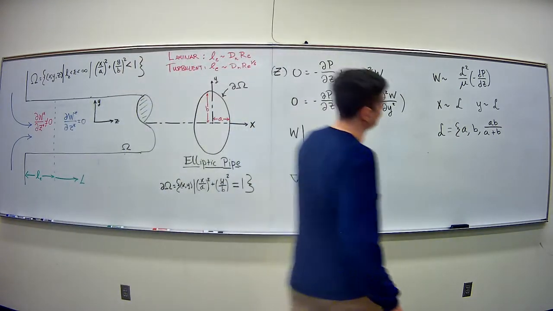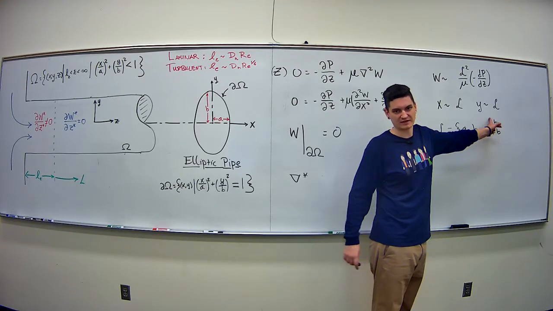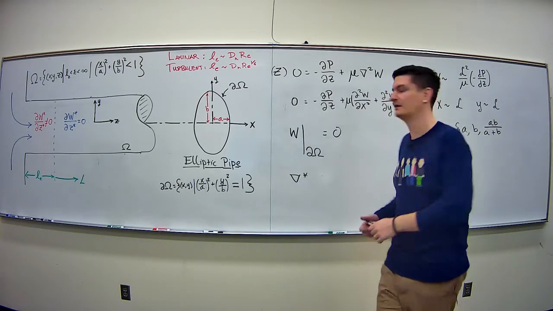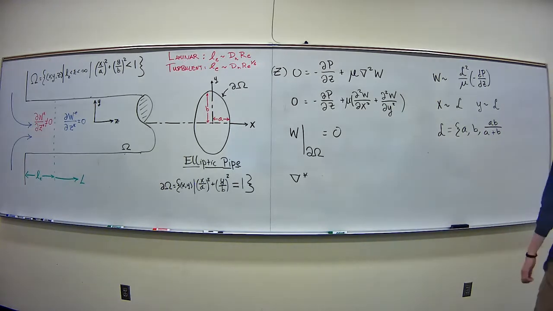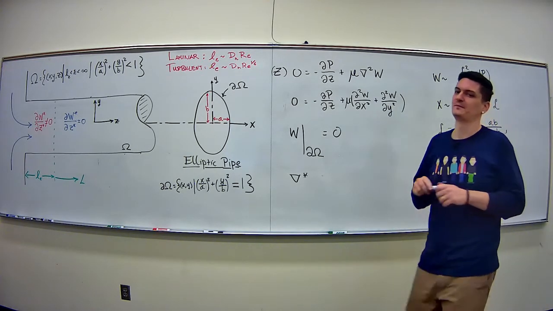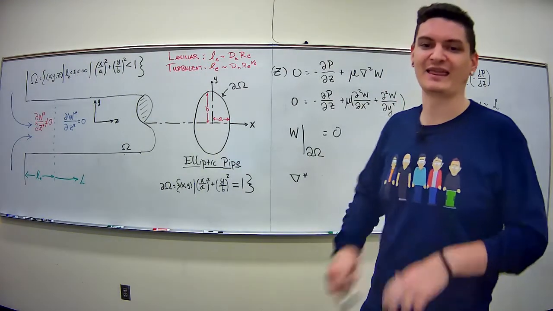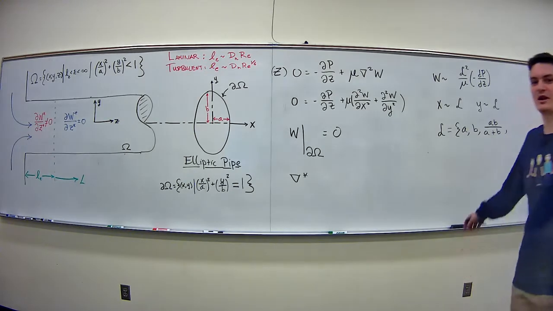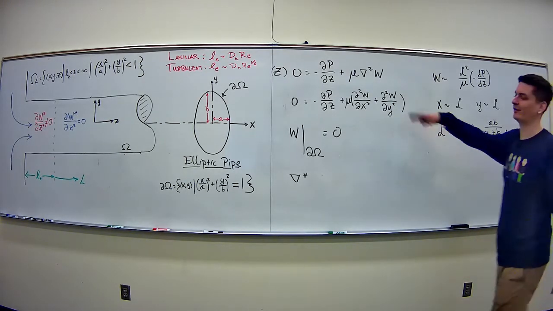So unit-wise, this still works because I have square length on top, but this is addition, so it's just the length on the bottom, so I still get a length. You could have other ones you select, and this search of length scale is, before we solve it, where I think a lot of the actual analysis is hidden. Because I've said before, people argue about what's the best scale to scale your problem by.